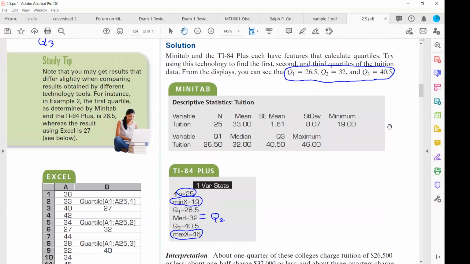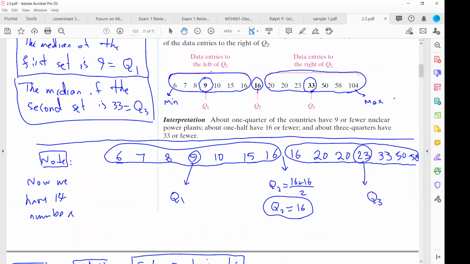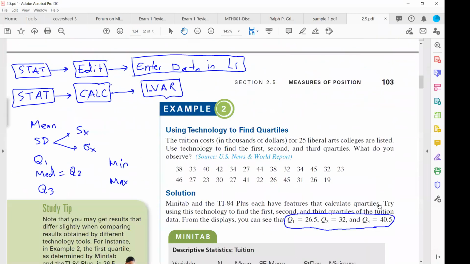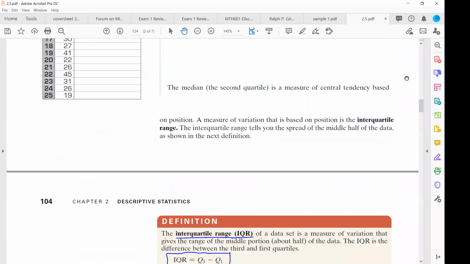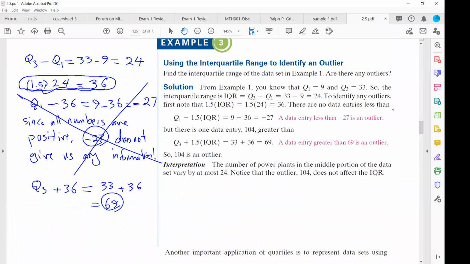Do we have any number greater than 69 here? Yes, of course. I see 104 in my collection, which is greater than 69. So 104 is an outlier. For sure, you can say that 104 is an outlier, since 104 is greater than 69.